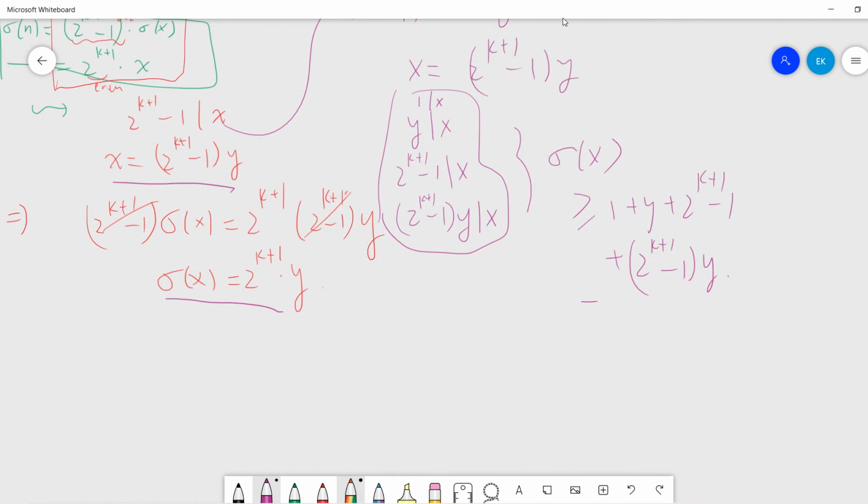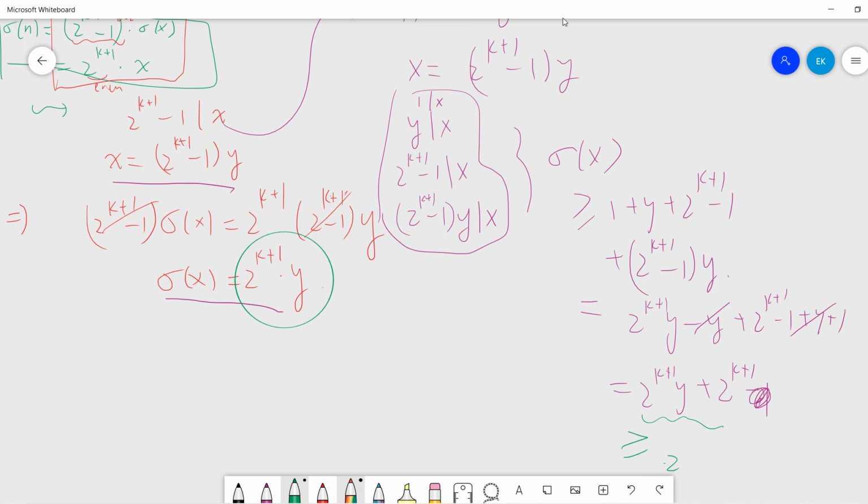So this sum is 2 to the k plus 1 times y, minus y, plus 2 to the k plus 1, plus y, plus 1. Okay, so it's 2 to the k plus 1 times y plus 2 to the k plus 1 minus 1 plus 1, which is larger than sigma(x) equals 2 to the k plus 1 times y.